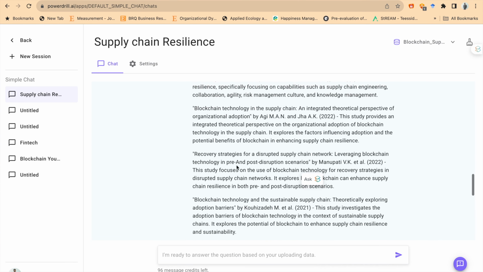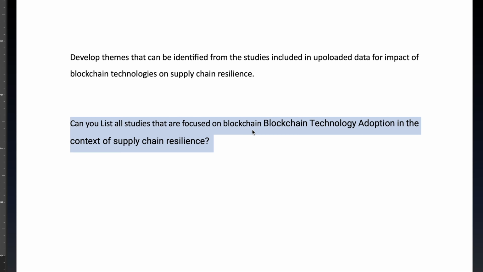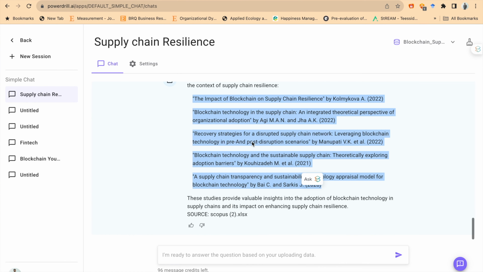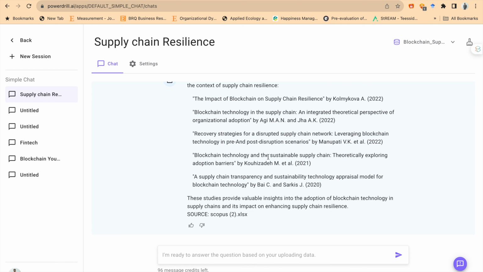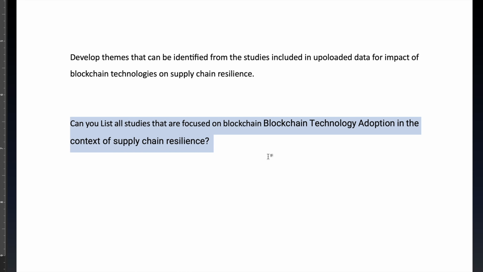But when we talk about the list, all studies, it is just focusing on creating the list only, and it is not giving us other information. So you can use both of these. Now, this is the studies included in my first theme, which is on supply chain resilience, adoption of blockchain technology.